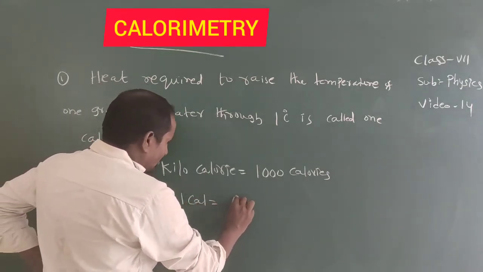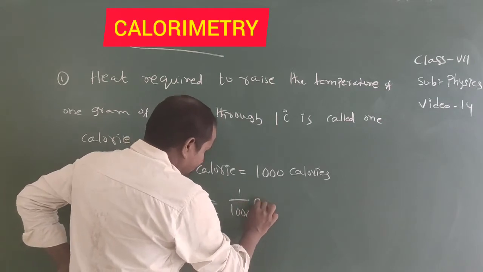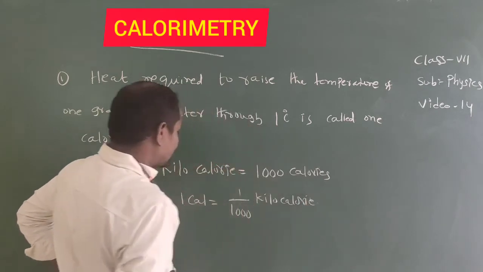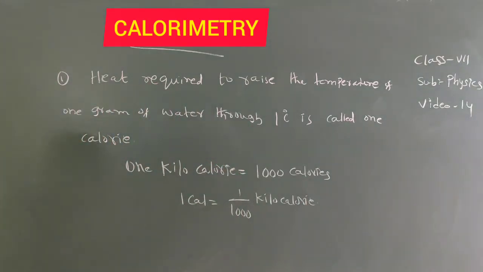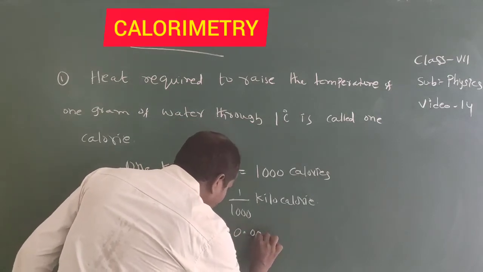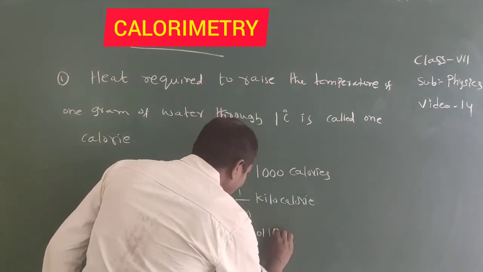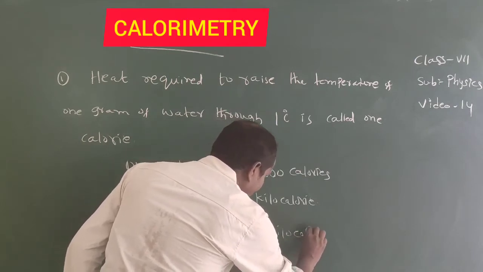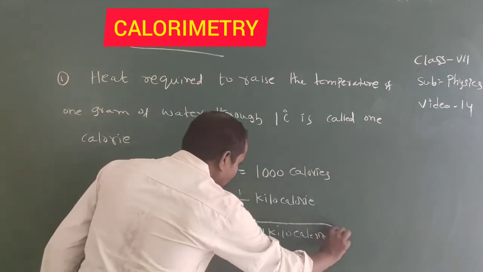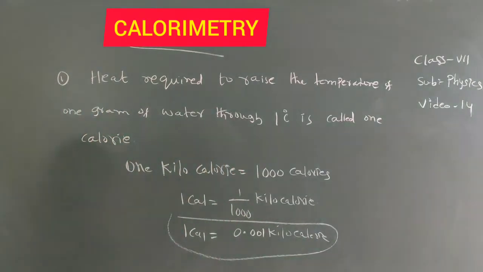So 1 calorie equal to 1 by 1000 kilocalorie, so we can write 0.001 kilocalorie. It is the first answer.